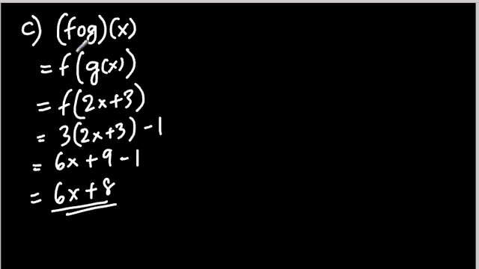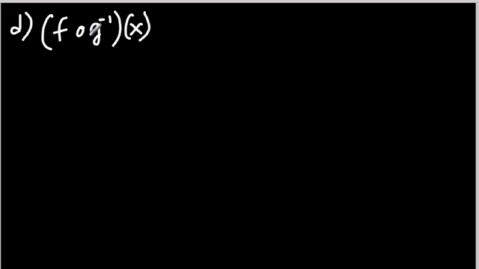Again, nothing new over here. But in D, let's try something. Actually, I'll put D on a new page. So in D, what I want to cover is f of g inverse of x. Let's ask ourselves, what does this mean?